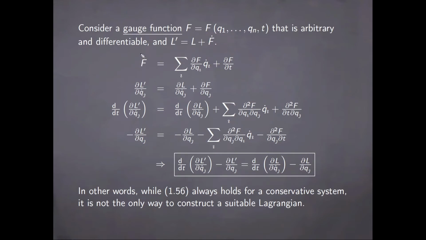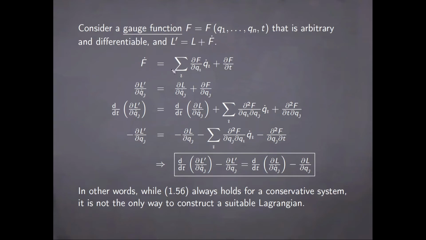Consider now that we have something that I will call a gauge function, so a function capital F, dependent on the generalized coordinates and time, that is arbitrary and differentiable, and assume that a new Lagrangian L prime is equal to the old Lagrangian plus the total time derivative of this gauge function.